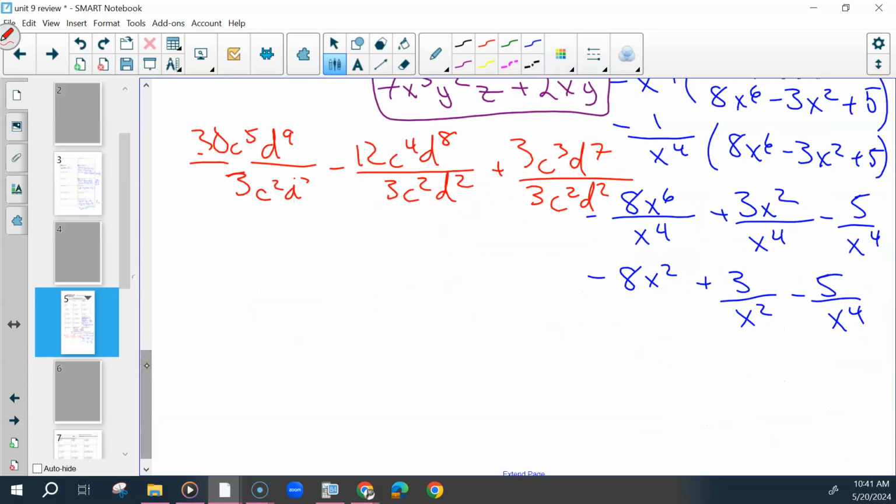Separate each term, put it over your denominator, and then divide.